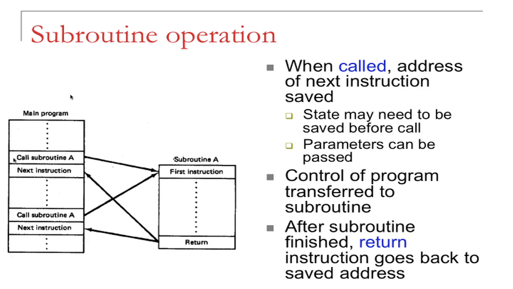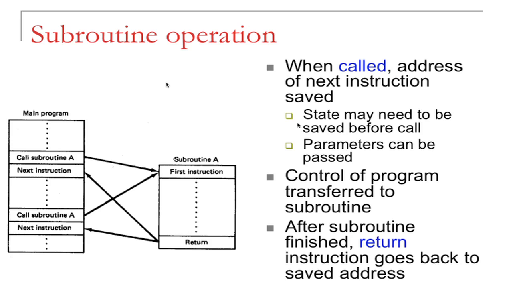So back to this diagram, when we call the subroutine, the microprocessor will save the address of this instruction to a special place called the stack. And the address of this next instruction will later be used by the return instruction so that the microprocessor will be able to fetch this next instruction once the subroutine is completed.